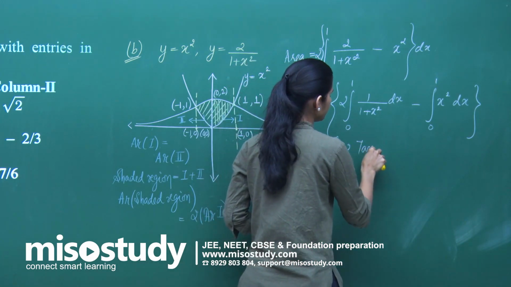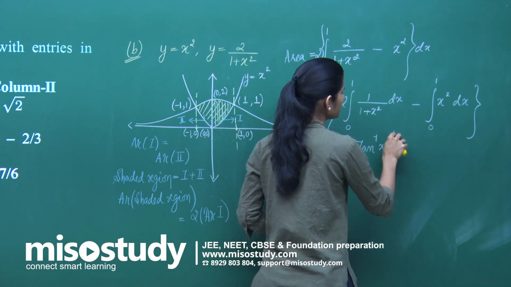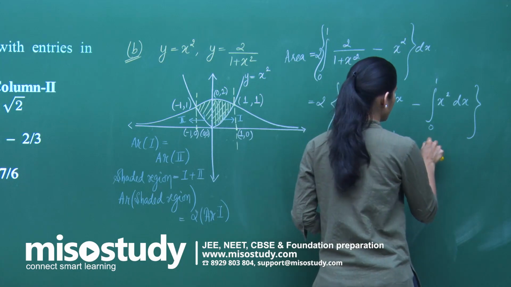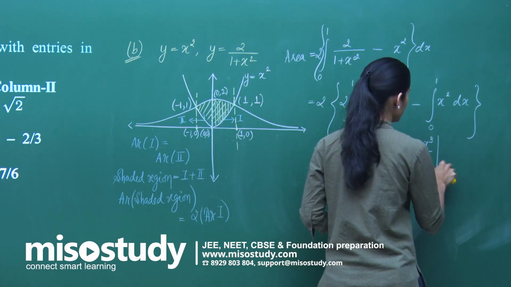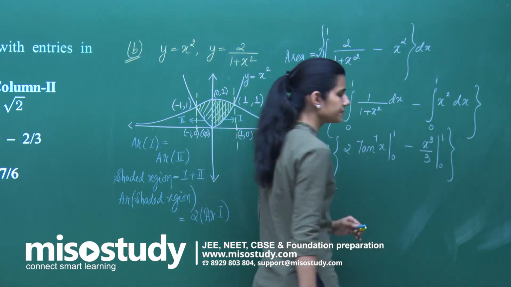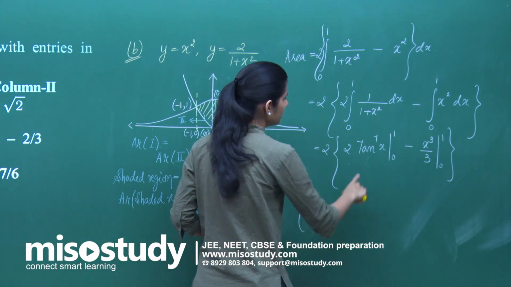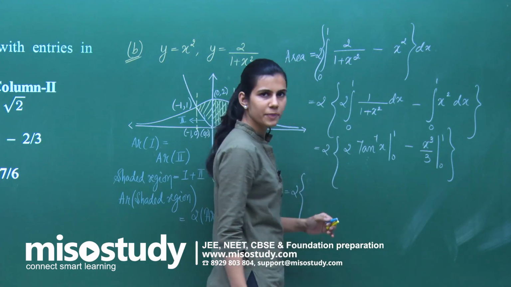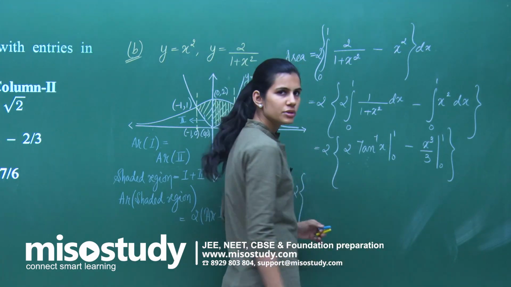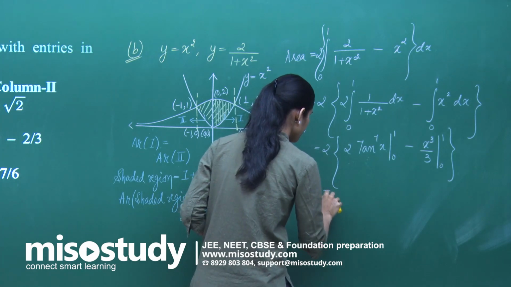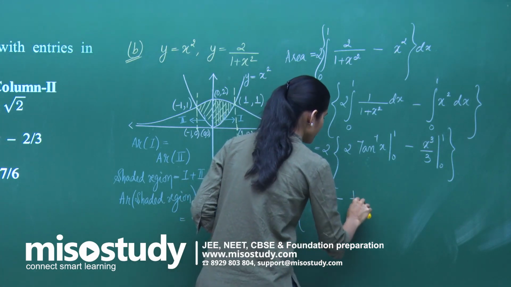This gives you tan inverse x from 0 to 1, because integration of 1 upon 1 plus x square is tan inverse x, minus x cube by 3 from 0 to 1. This is twice of, what is tan inverse of 1? It is pi by 4, and tan inverse 0 is 0. So twice of pi by 4 minus 1 by 3.